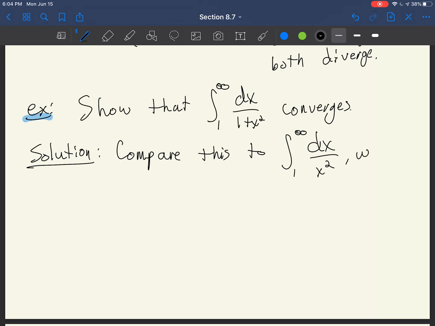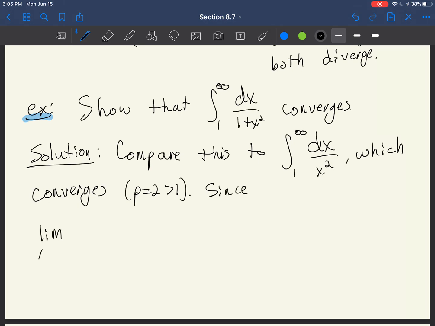Because that is basically what we have there. We have an x squared. That 1 isn't really going to do much for this integral. So this integral converges since p equals 2 is greater than 1.